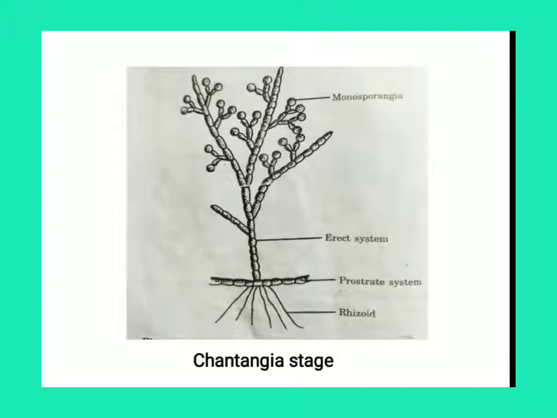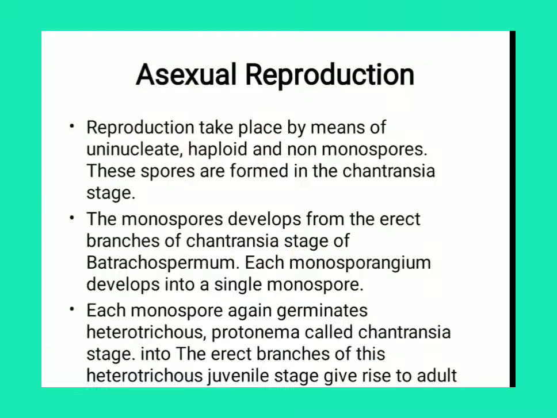Then asexual reproduction. Reproduction takes place by means of uninucleated, haploid monospores. These spores are formed in the Chantransia stage.